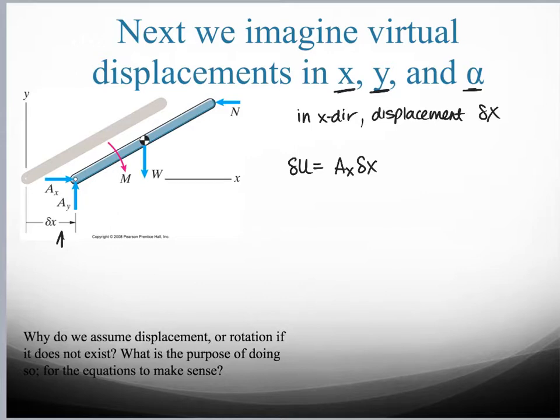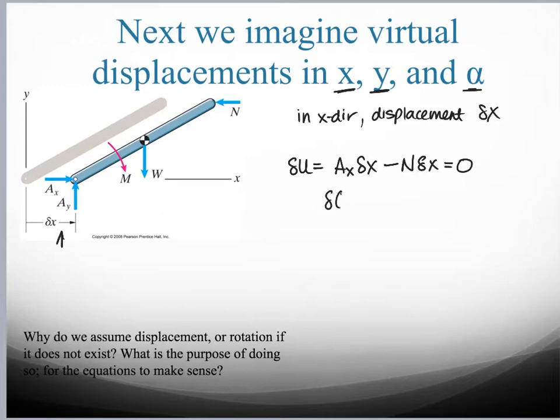That normal force, the force that the wall was exerting on the beam, is in the opposite direction or sense of the displacement, and so that's a negative amount of work. And so we come up with this expression based on our idea of virtual work, that the total work done is 0.